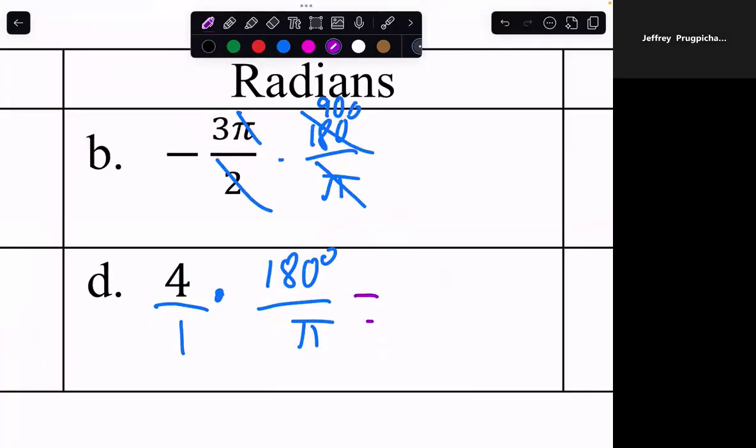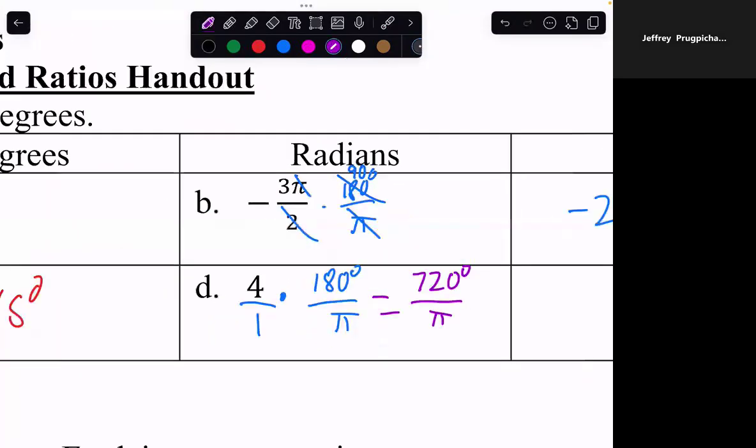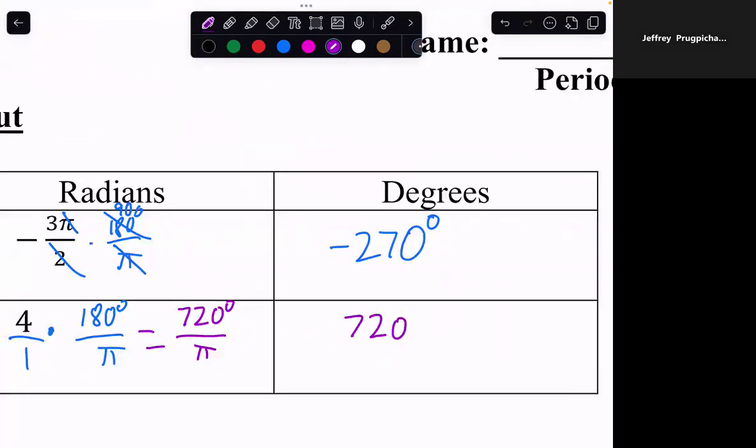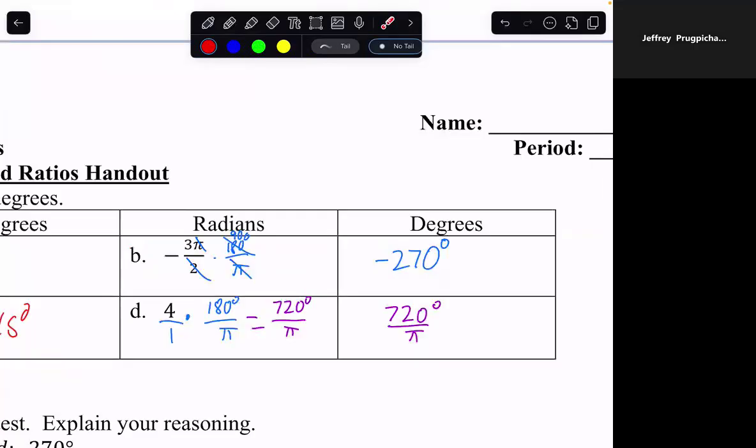Okay, so you just multiply straight across. 4 times 180 is 720. 1 times pi is pi. Okay, so the exact answer would be 720 over pi degrees. Okay, so without a calculator, you could estimate what this would be about, right? Because again, we know pi is about 3.14. So you could divide by 3 to get a rough estimate. But this is the exact answer.